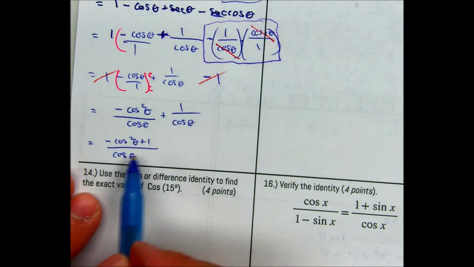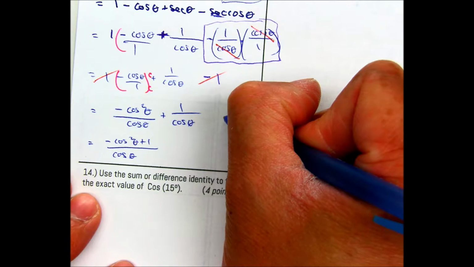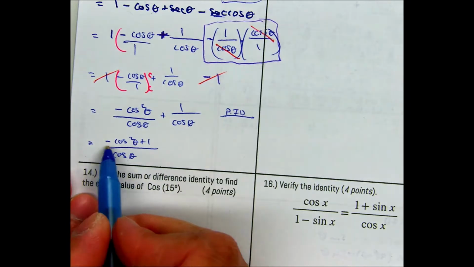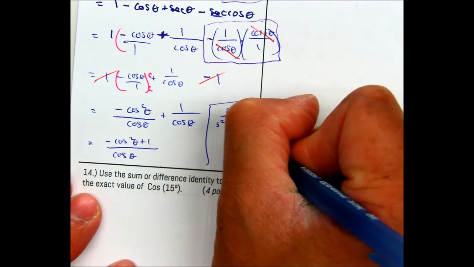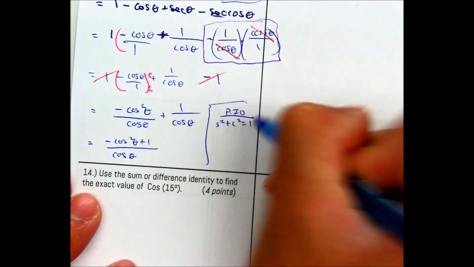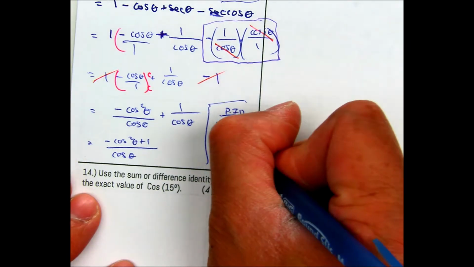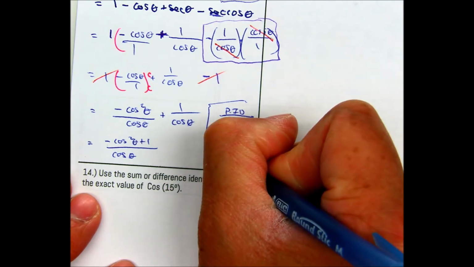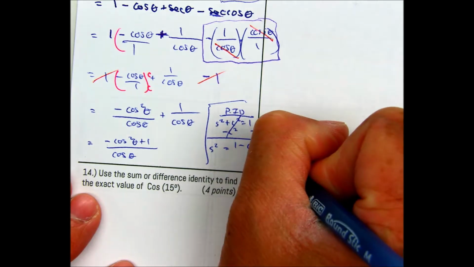This one looks like something I can use. That is the Pythagorean identity. Notice it says negative cosine, so if I do sine squared plus cosine squared equals 1, and I want it to be negative cosine, so I would subtract cosine squared, and to get sine squared equals 1 minus cosine squared.